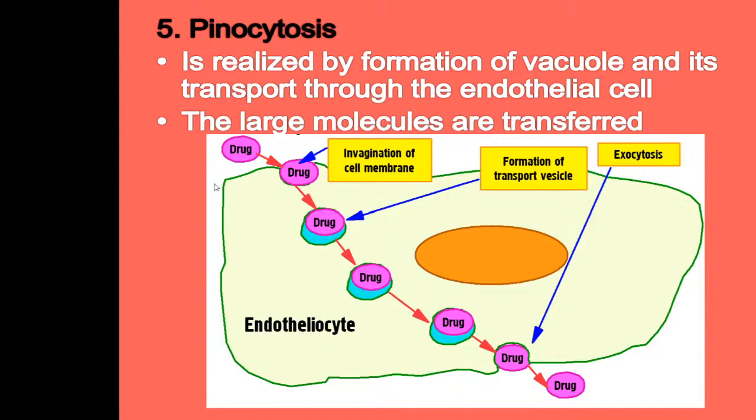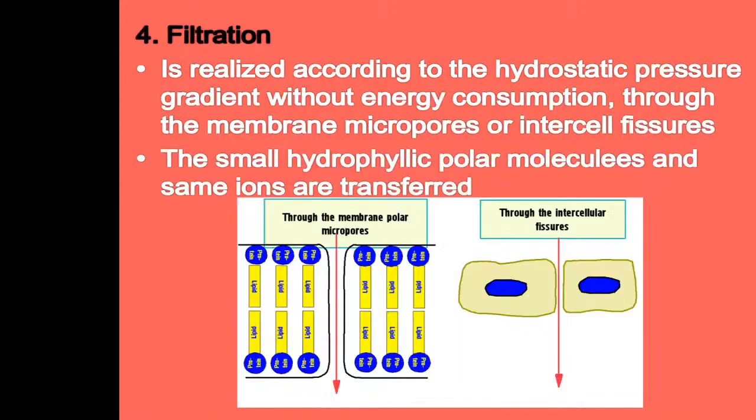First, invagination of the cell membrane, after that formation of a transport vesicle, transport of the drug with the vesicle, and after that exocytosis. But this is also transport through the cell membrane. So there are four mechanisms of transportation through the cell membrane. And the fifth mechanism is filtration.